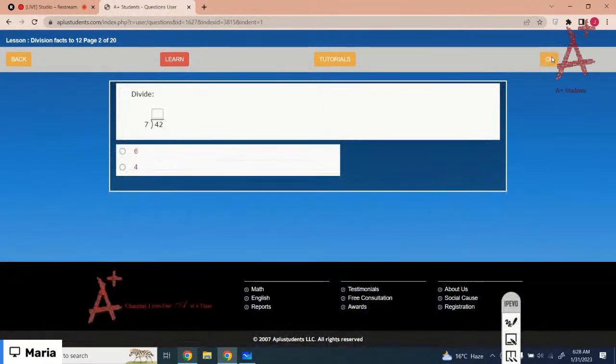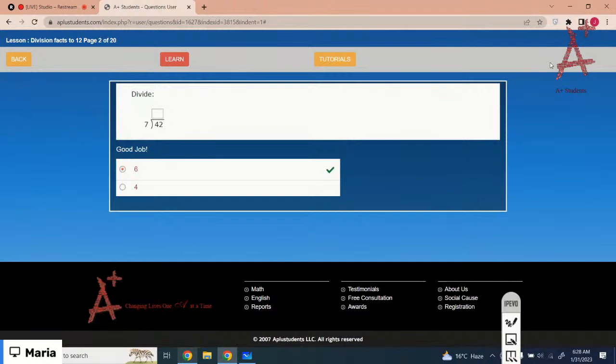Okay, 7 times what number is 42? So which is the correct option? Yes, very good. 7 times 6 makes 42. So that means you have to subtract 7 six times until you get 0. Got it?